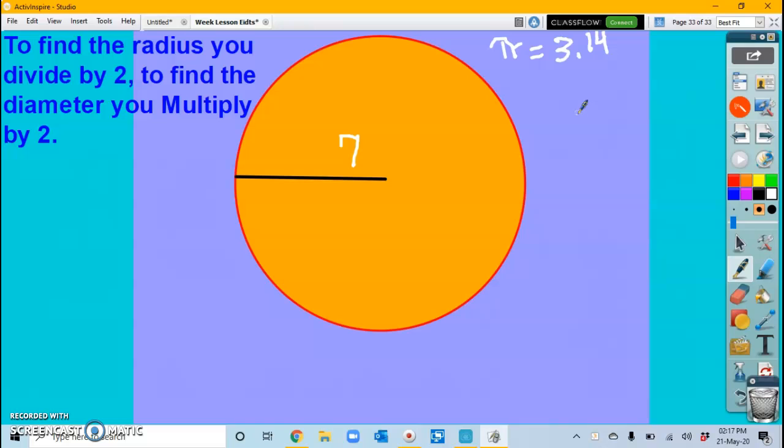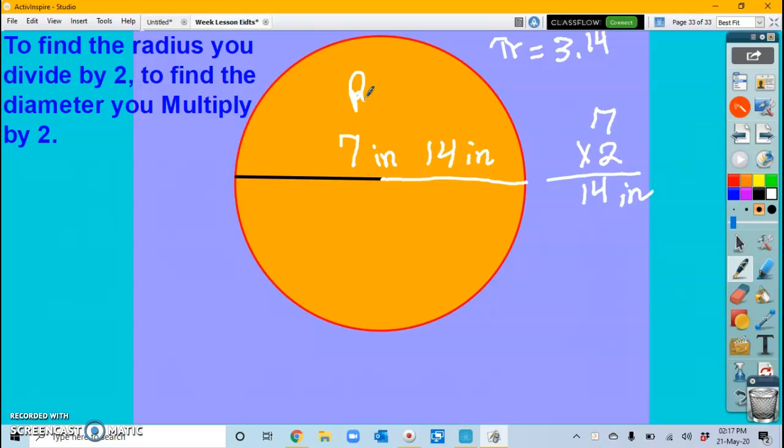So, we're going to multiply 7 times 2, which will give us a diameter of 14 inches. I forgot to put inches. So now you have your diameter, which is 14 inches. Radius, diameter. So now, you are going to find the circumference. As we saw in the last slide, you're going to multiply 3.14 times 14. 4 times 4 is 16. 4 times 1 is 4, plus 1 is 5.